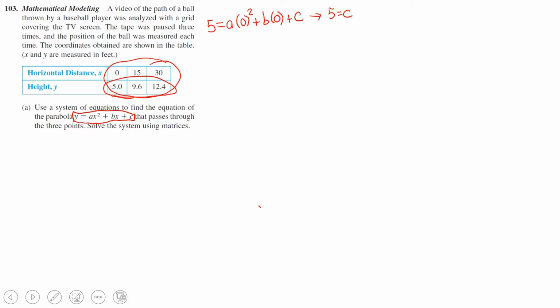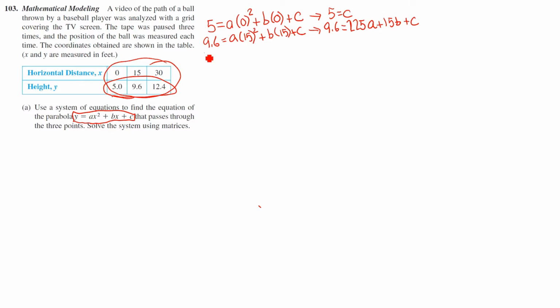Now for the second equation, we have 9.6 equals a times 15 squared plus b times 15 plus c. That'll simplify to be 9.6 equals 225a plus 15b plus c.